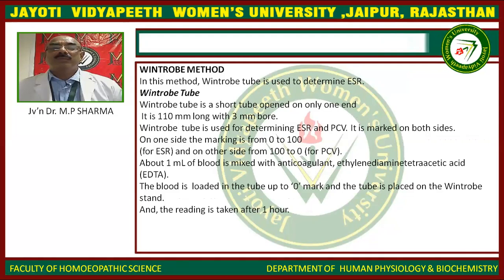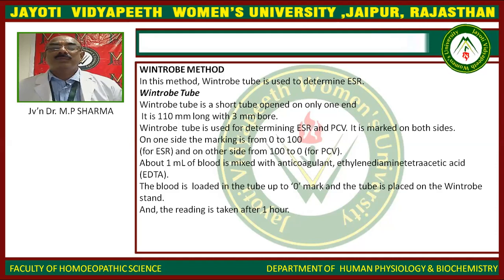Wintrobe tube method. In this method, Wintrobe tube is used to determine ESR. This tube is a short tube open on only one end and it is 110 millimeter long with 3 millimeter bore.